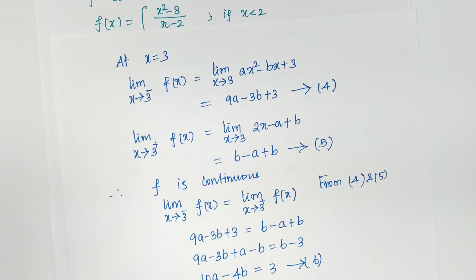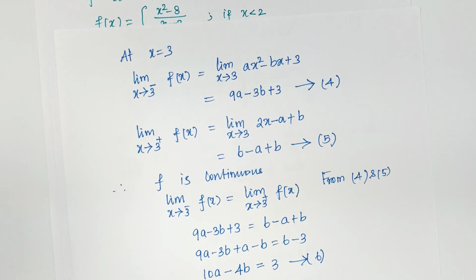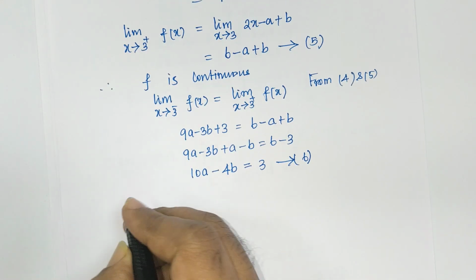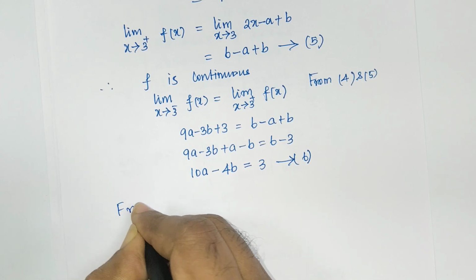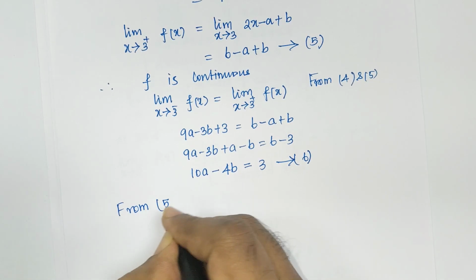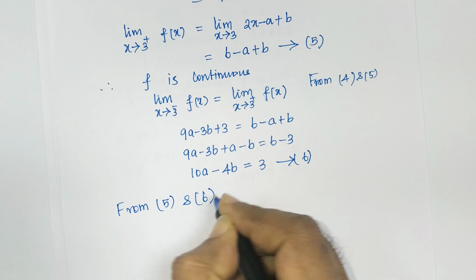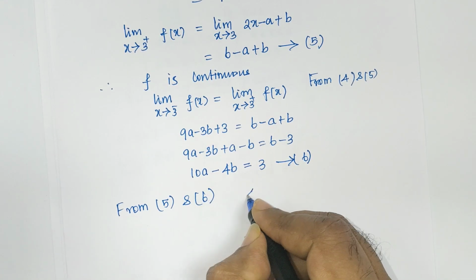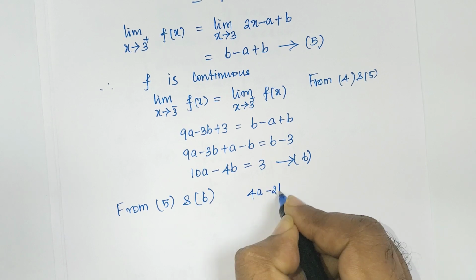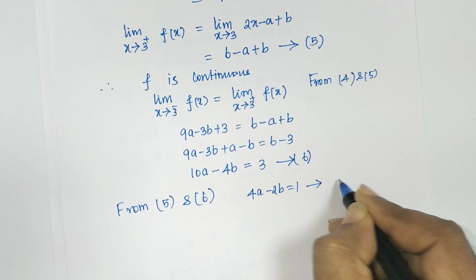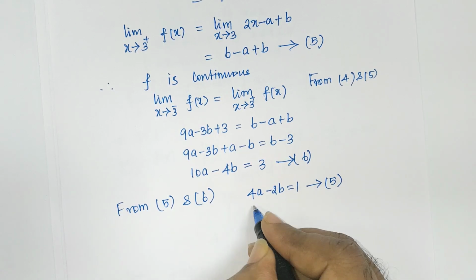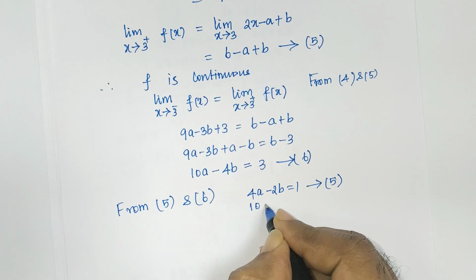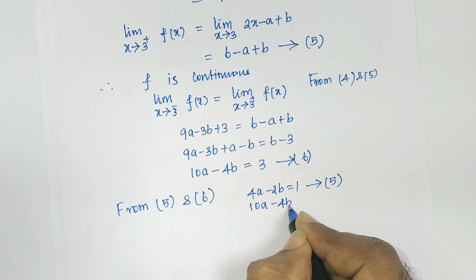So based on these 2 points, we'll get two equations. Equation 3 is 4a minus 2b equal to 1, and equation 6 is 10a minus 4b equal to 3.